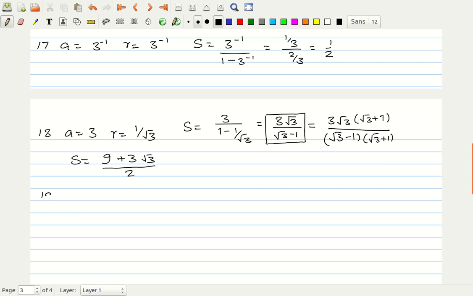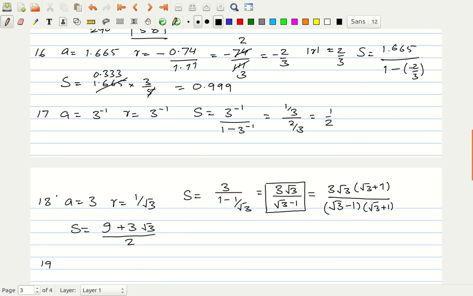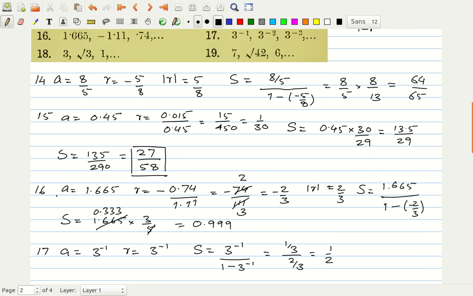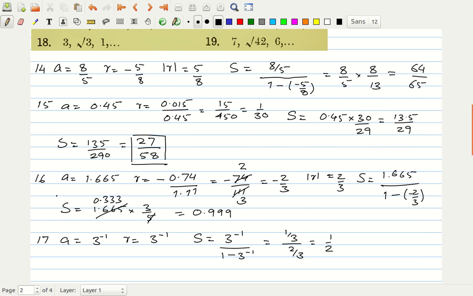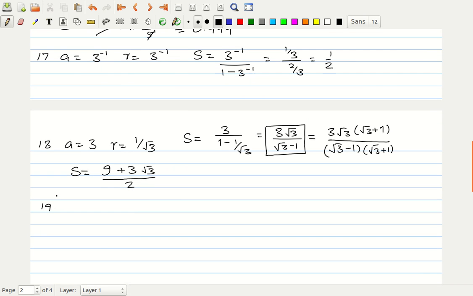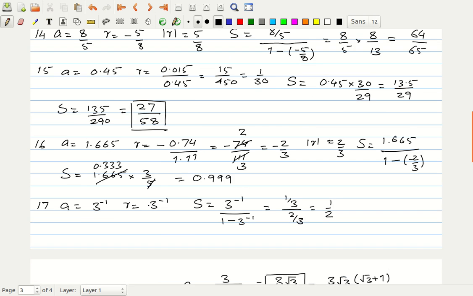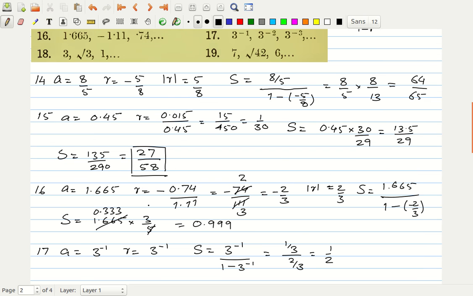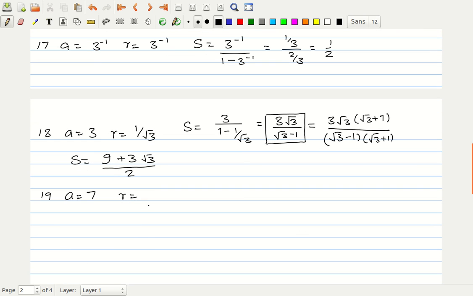Now let us look at the last problem, which is problem number 19. The first term is 7, which is a is equal to 7. So a is equal to 7, r is equal to square root of 42 by 7.